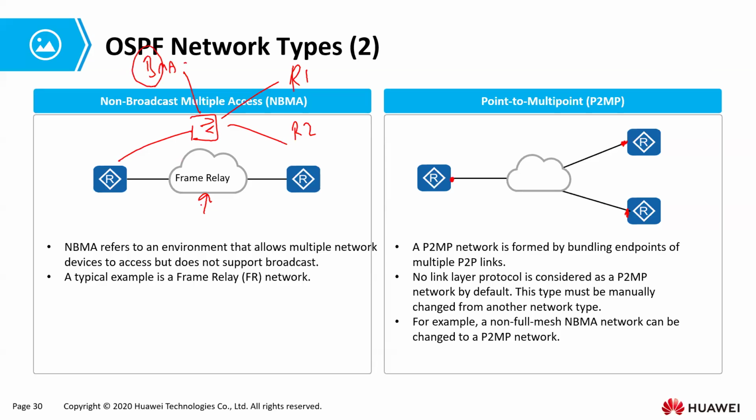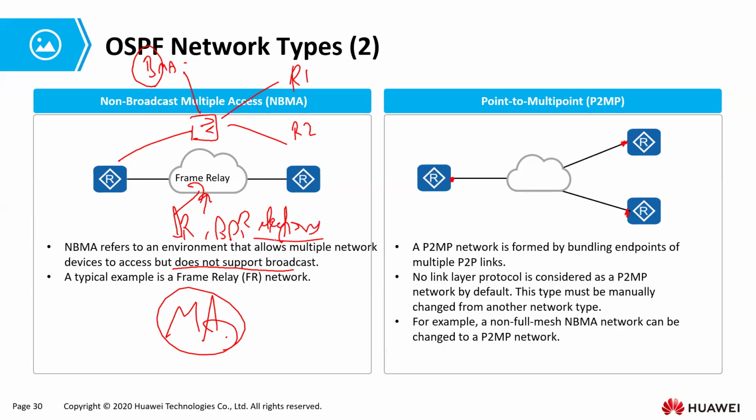A switch is able to broadcast, but this frame relay technology does not support broadcast. However, it is still multi-access. Elections are required here as well, because it is a multi-access network.